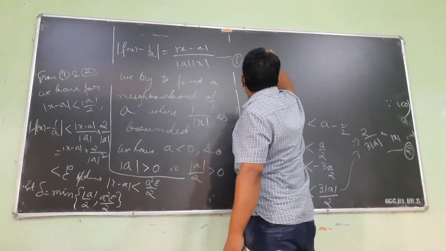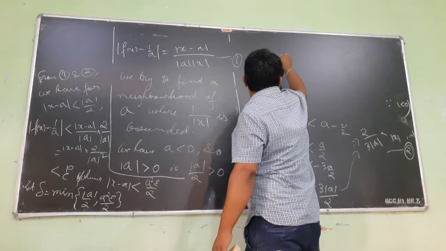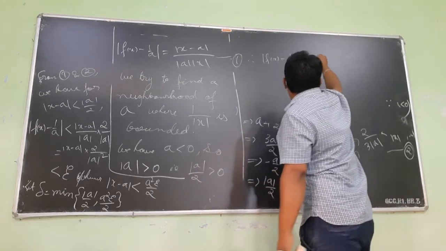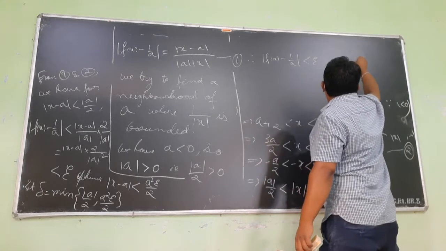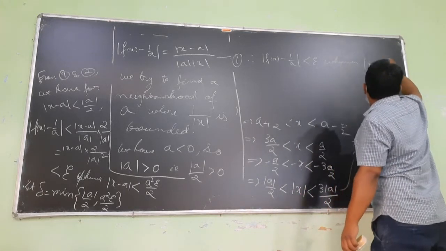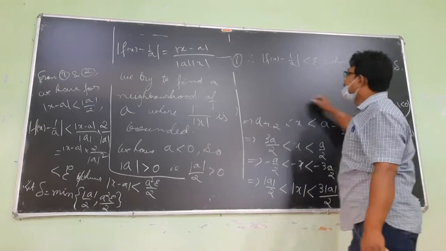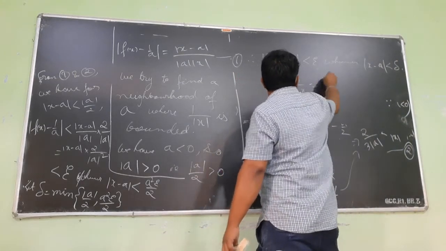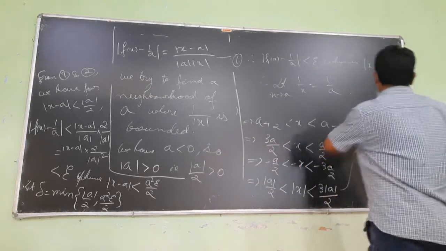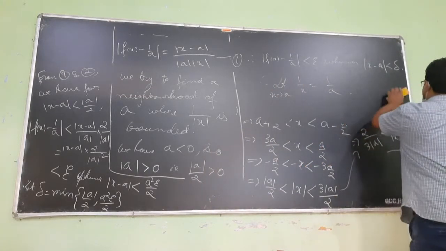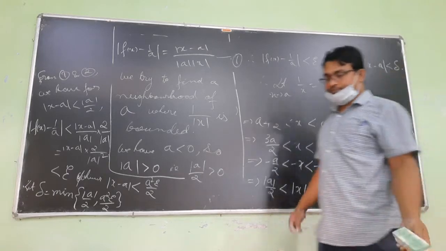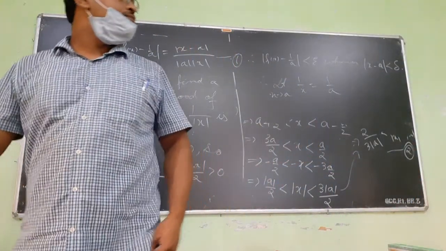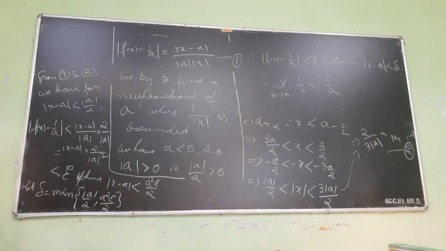Therefore mod of f(x) minus 1 by a is less than epsilon whenever mod of x minus a is less than delta. So therefore limit of x tends to a of 1 by x is equal to 1 by a. Clear? So for a positive, and for a negative, we have already done.